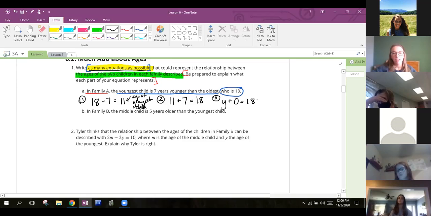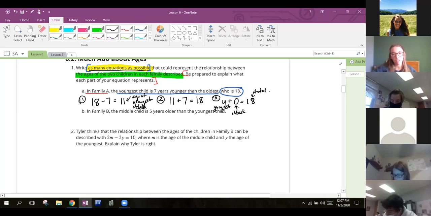So you're saying y is the youngest, o is the oldest, and then it tells us their total ages together, or their combined age, so it wouldn't be 18. The youngest plus the oldest would tell us their total.